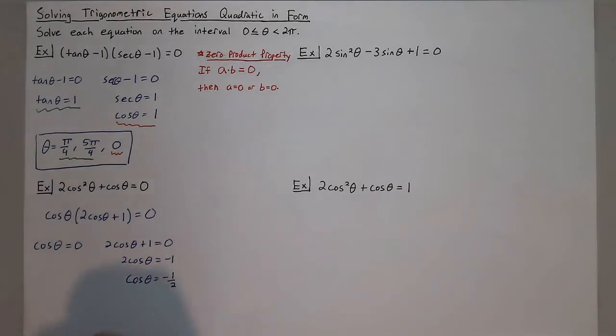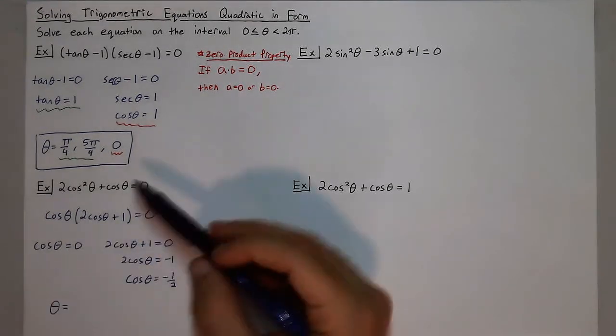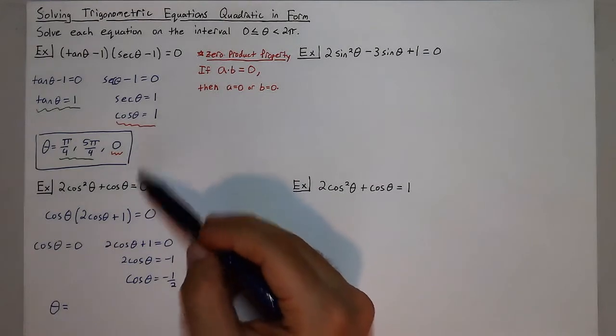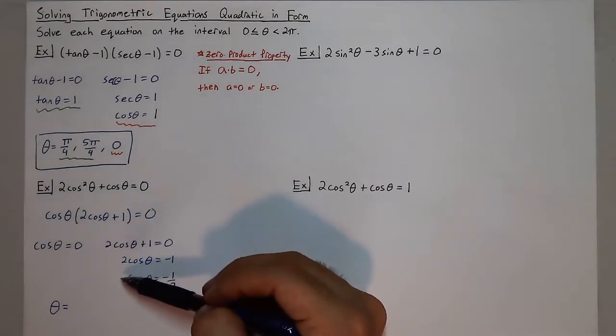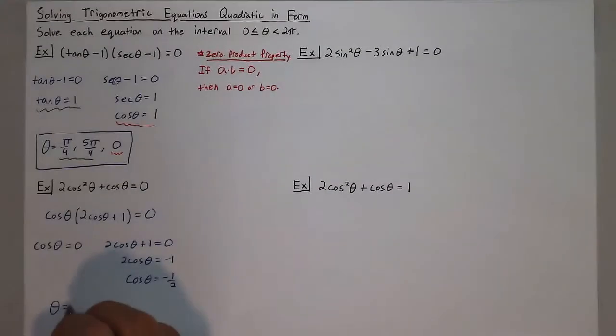And now I need to list out all the solutions that follow both of these equations. Now where is cosine of theta equal to 0? That would be at pi over 2 at the top of your unit circle and 3 pi over 2 at the bottom of your unit circle. So I'll put pi over 2 and 3 pi over 2 as solutions to the left equation.